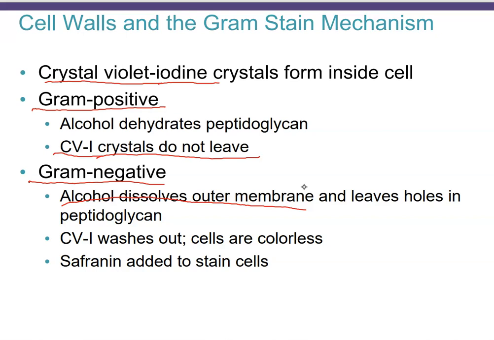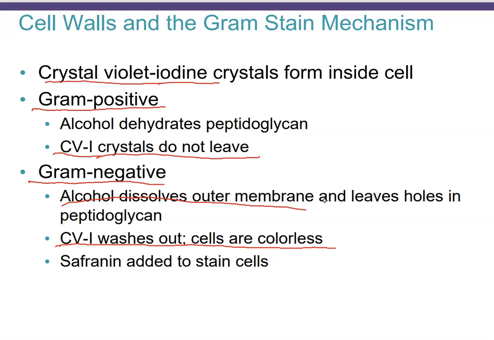And so now we only have a very thin layer of peptidoglycan, and it will not be able to retain the crystal violet iodine combination. So the CVI washes out, and the cells have no more color. Now on your slide you would have purple gram-positive bacteria, but you wouldn't be able to see the gram-negatives because they have lost all color.